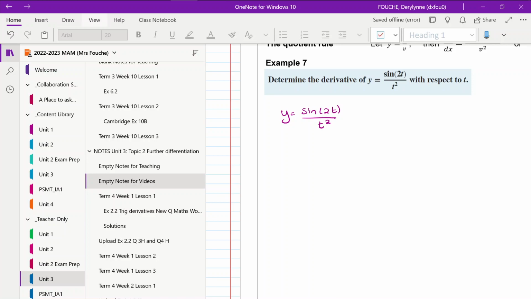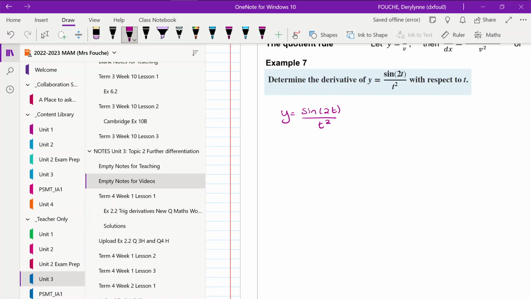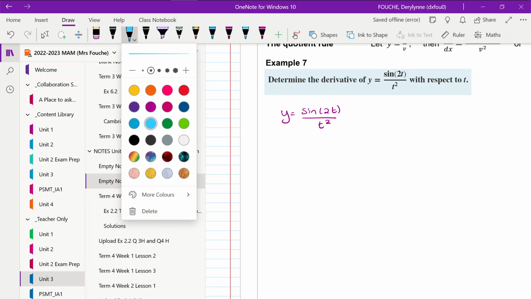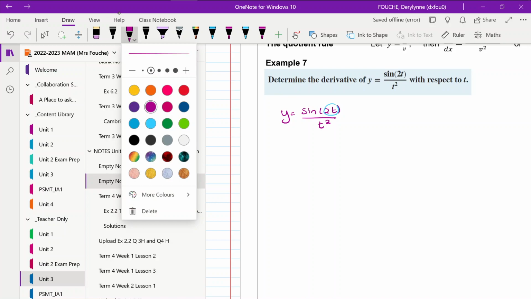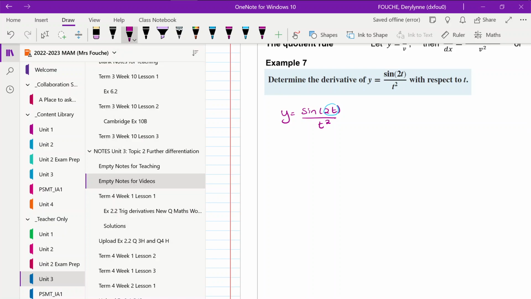And I notice that inside of my sine function, I have an inside function, which means that I actually have a quotient rule and a chain rule. I'm going to let u equal sine of 2t and v equal t squared.